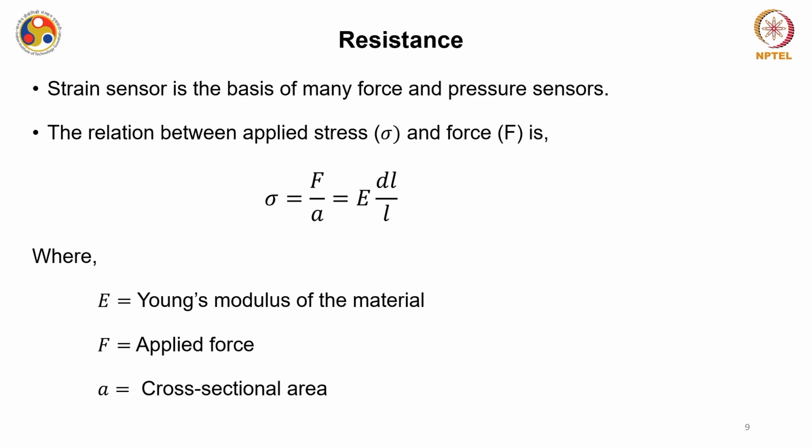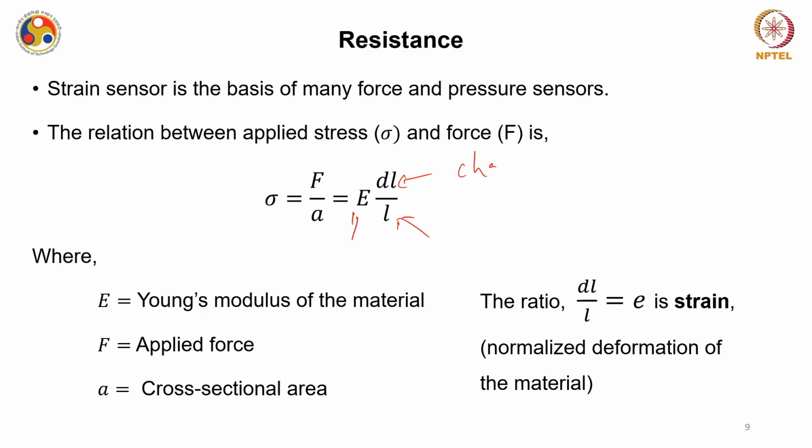So F by A, or it is given as E into dl by L, where dl is the deformation or change in the length and L is the actual length, while E is the Young's modulus of the material, okay. The ratio dl by L is known as strain, and we are denoting it using epsilon, okay. Basically this is the normalized deformation of the material, okay.